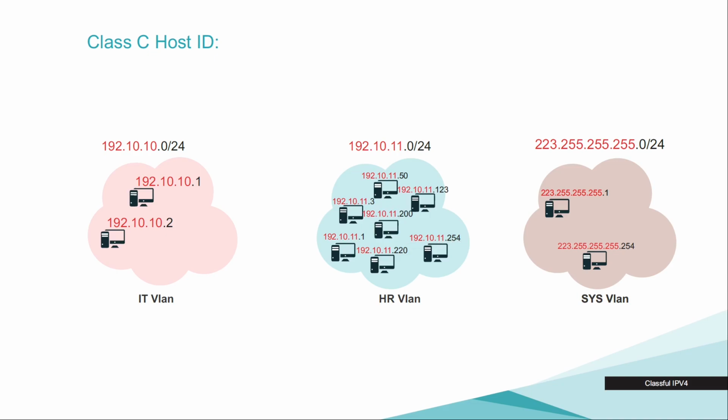So the host ID at the HR VLAN starts from 192.10.11.1 up to 192.10.11.254. So that 254 is the last IP address. And if we have more VLANs or networks, we can still use the other subnetworks from class C. It depends on how small or how big our network is.